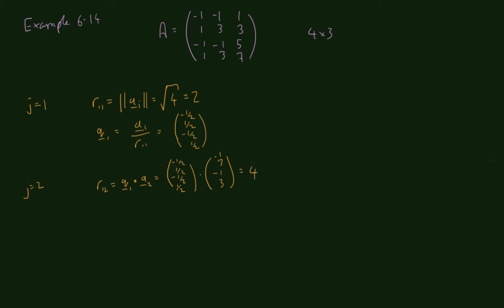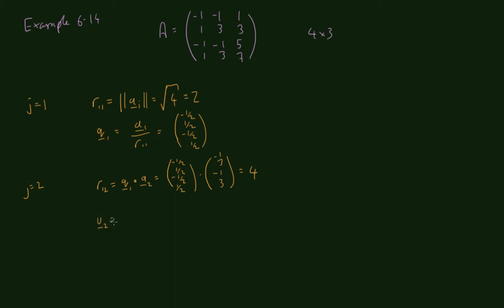So that's the element row 1 column 2. Now we've got to calculate U2. R12 is what we need, because now we need to calculate U2.